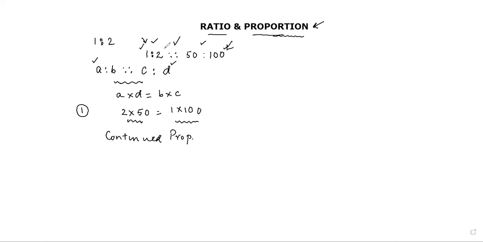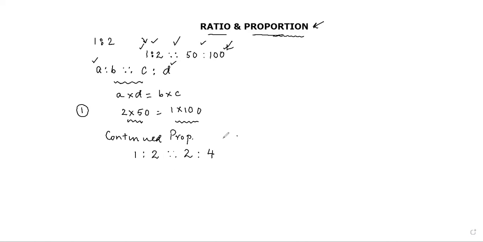I missed out a lot of numbers between 2 and 50, so this is not a continued proportion. But when I say that 1:2 is the same as 2:4, then 1 to 4 are in continued proportion.